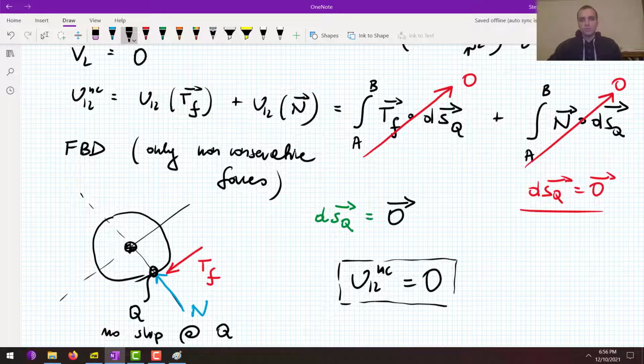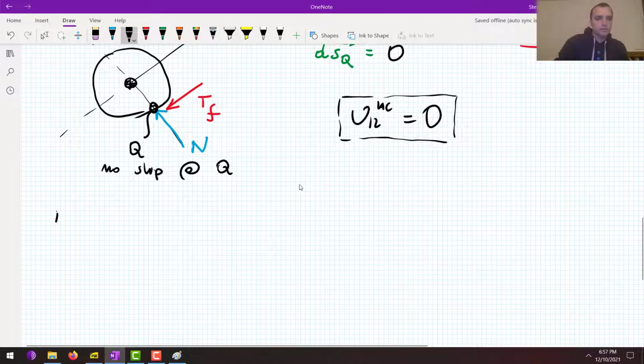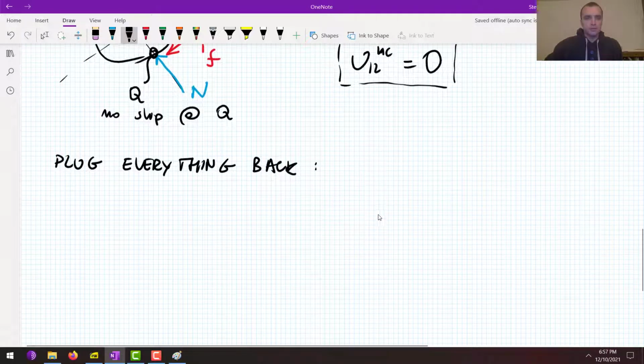What was the next step in our solution? Do you remember? The next step was plugging back everything into our original equation. Plug everything back. Okay, so what did we have in there?